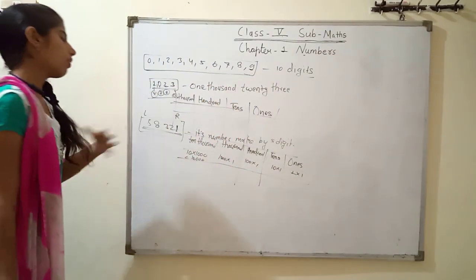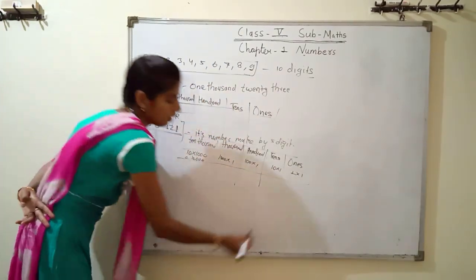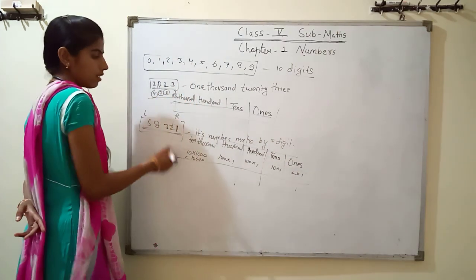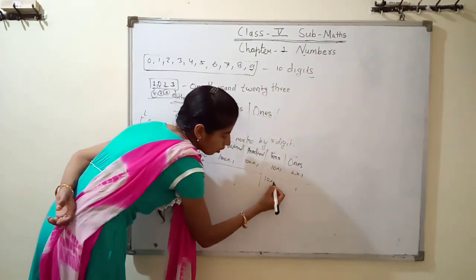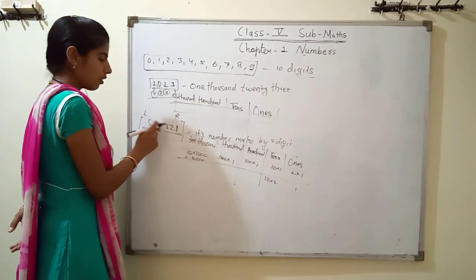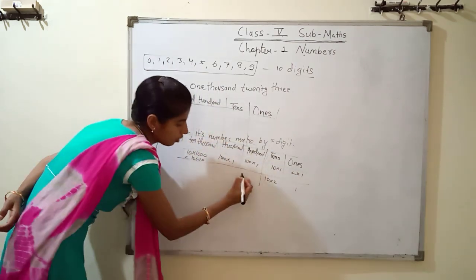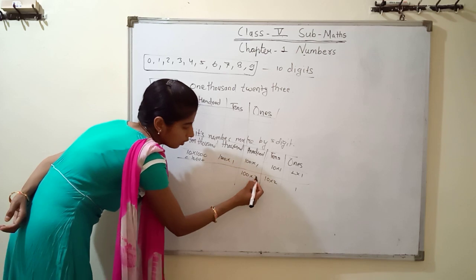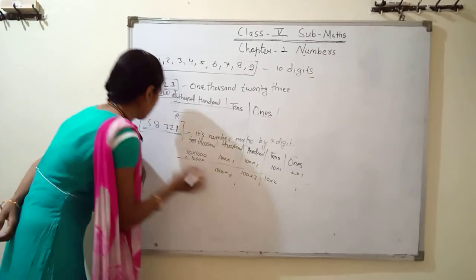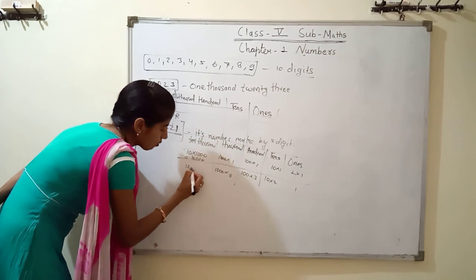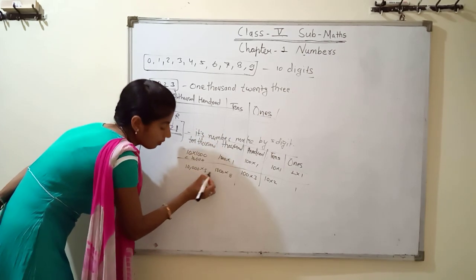In this we write here ones value is 1. The next tens value is 2, then 10 into 2. Then next 3, 100 into 3. The next 8, 1000 into 8. The next is 10,000 into 5.